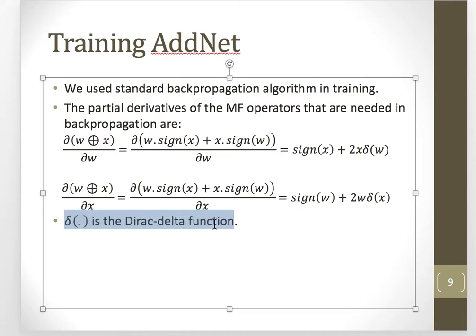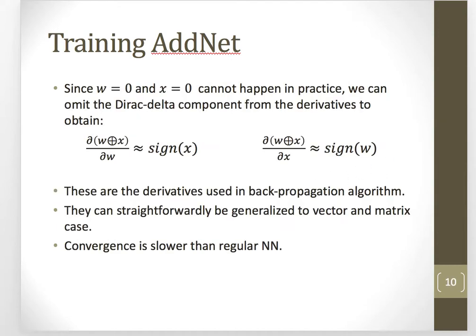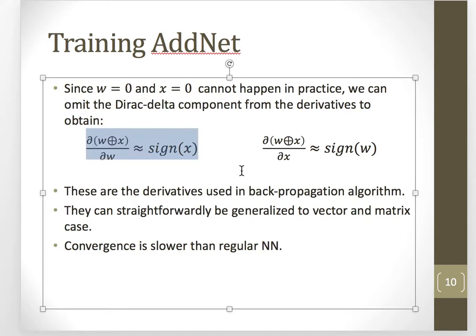Delta is the Dirac delta function, and we cannot compute this, but it is 0 except when w is equal to 0. Since w equal to 0 or x equal to 0 cannot happen in practice, we can omit the Dirac delta component from the derivative to obtain the approximate derivatives.